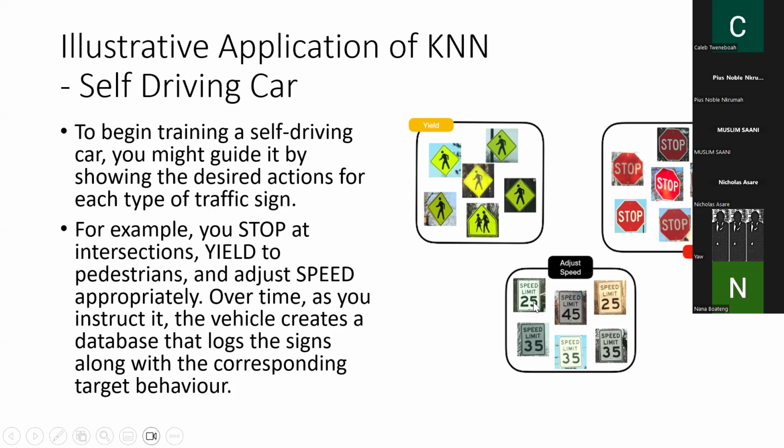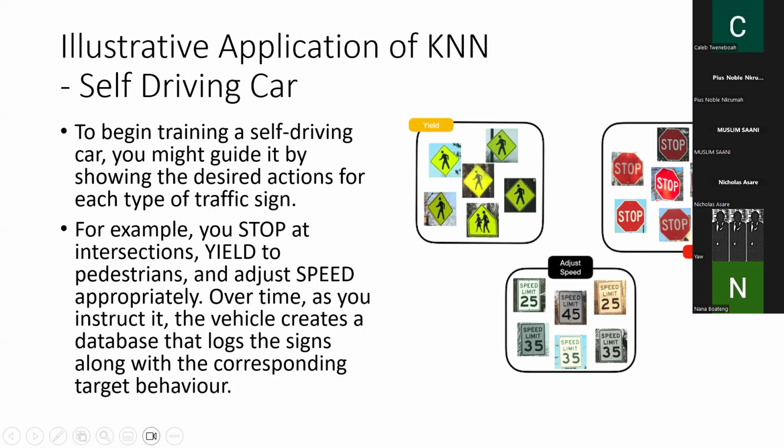So if it sees 25 in Kumasi as a road sign, it knows that this is a speed limit of 25. If it sees the same thing in Accra, it will know that it is 25. If the color intensity changes a bit, making it 45, it will also recognize that. Because these are very similar, they are very close together.